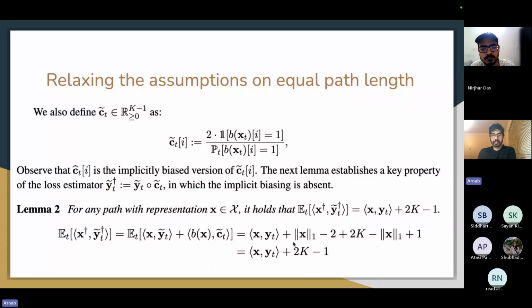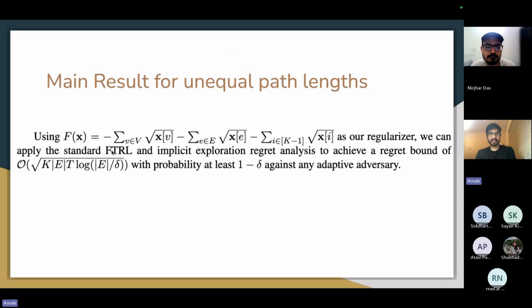So the length of the path gets cancelled, and you just have a fixed bias, which is the length of the longest path. By balancing out things, I can again get back the same guarantees that I promised you earlier. So this part is not that non-trivial. It's simple arithmetic going on in some sense.